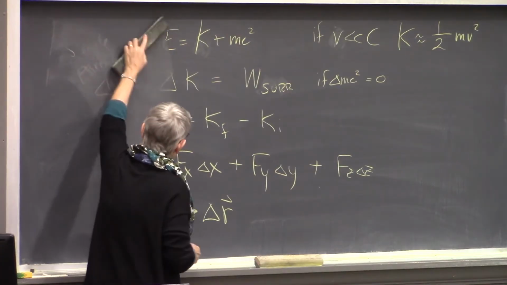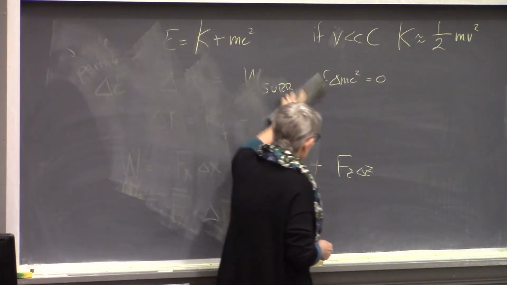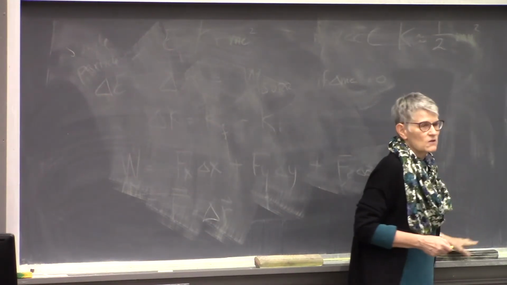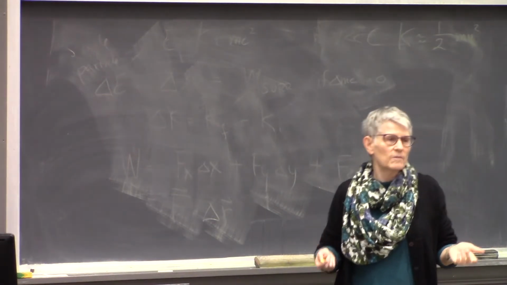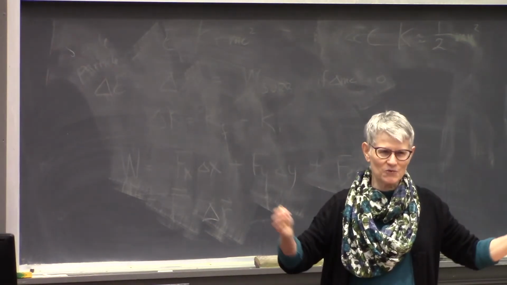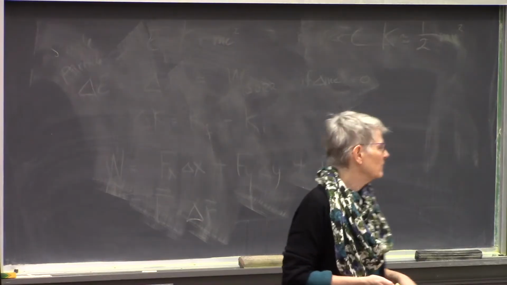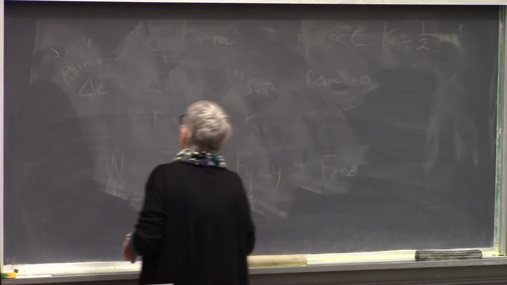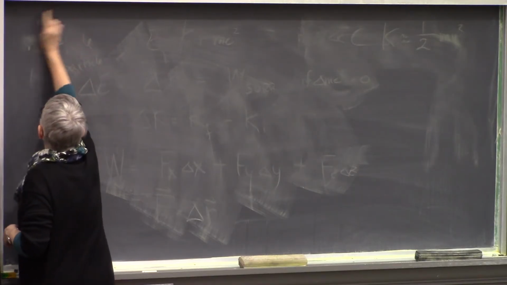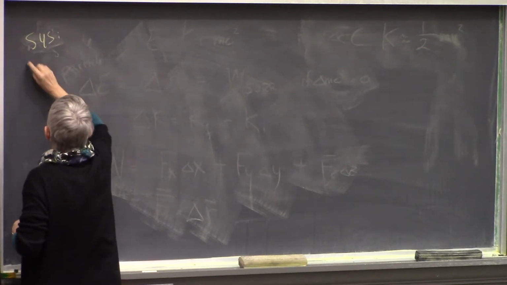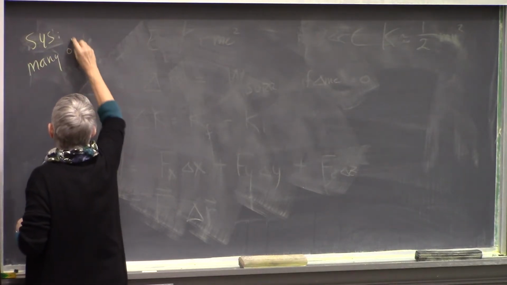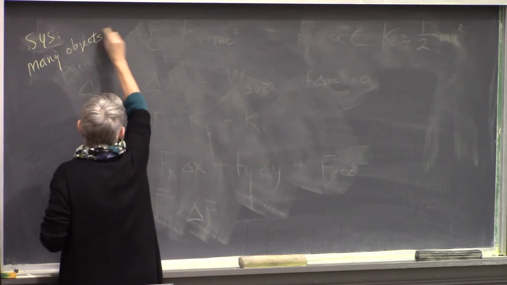So if we have a system that has more than one object in it, though, and they're exerting forces on each other, and this is a situation that we're going to be in all the time in this semester because there are always lots of charged particles around, right? Then the system is many objects, and they're interacting.